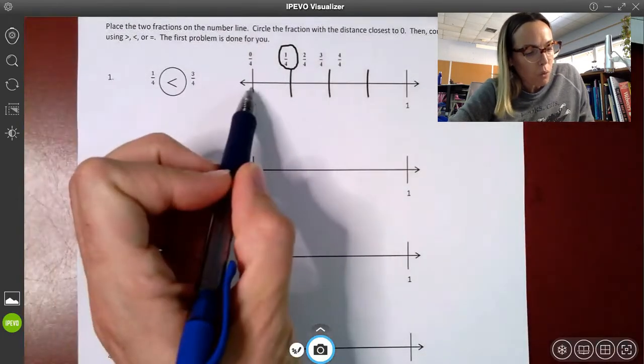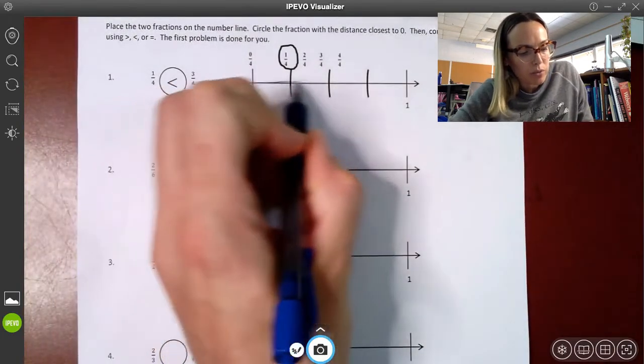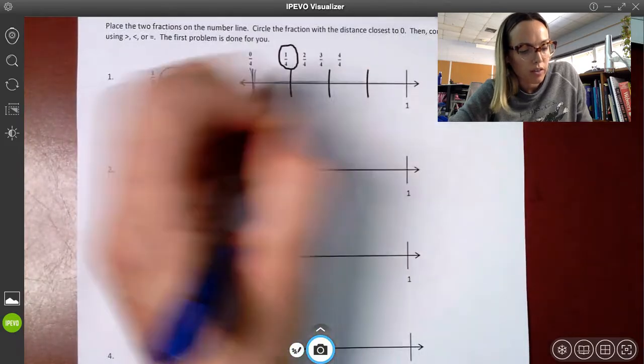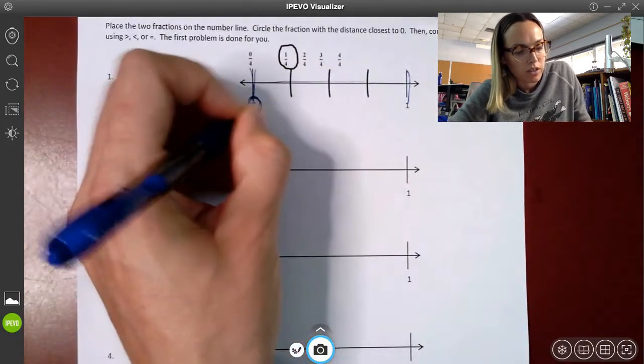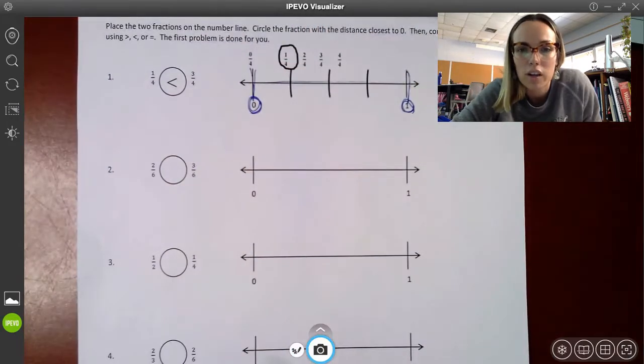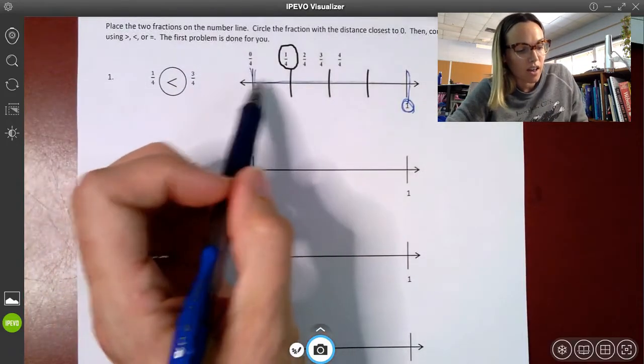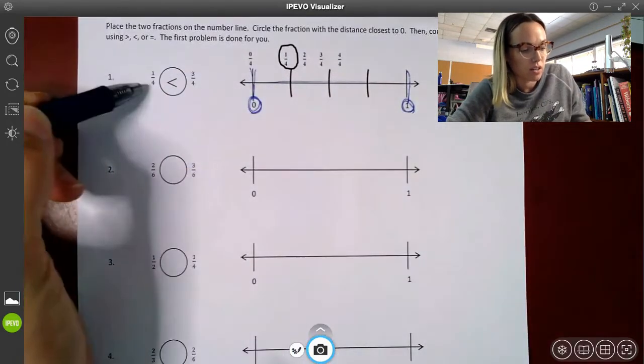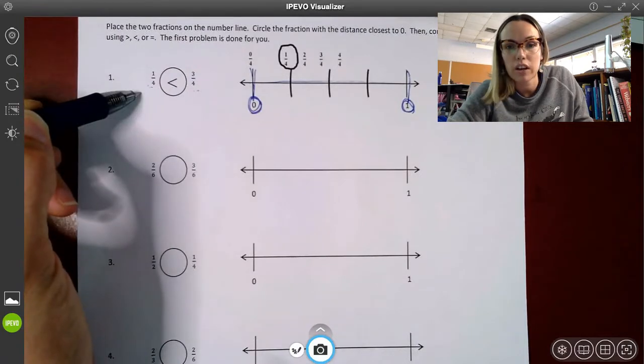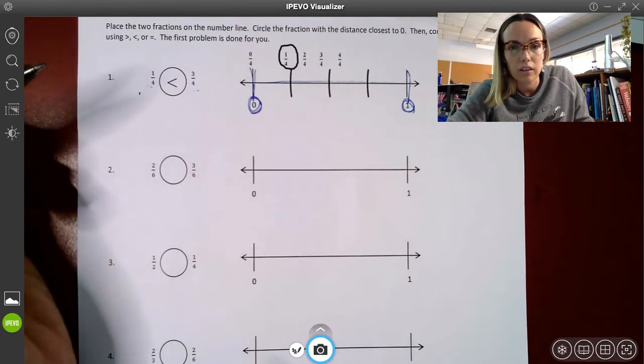So what we're doing here is we're looking at number lines from 0 to 1, okay? There's our whole numbers, 0 and 1. And we are partitioning the number line based on these fractions, right? We want to try to figure out which one's bigger by looking at it on a number line.